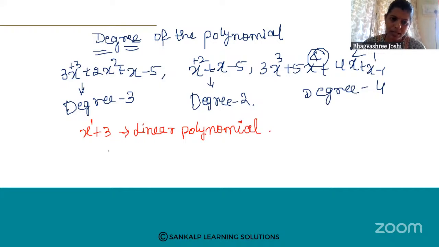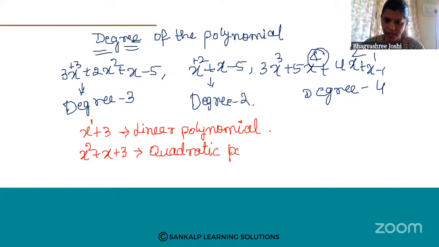Next, x square plus x plus 3. Here the highest power is 2. Observe here, 2 is there, 1 is there. So 2 is the highest power. That means degree is 2 here. If the polynomial has degree 2, then it is called a quadratic polynomial.